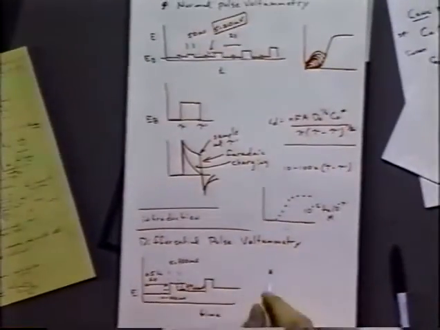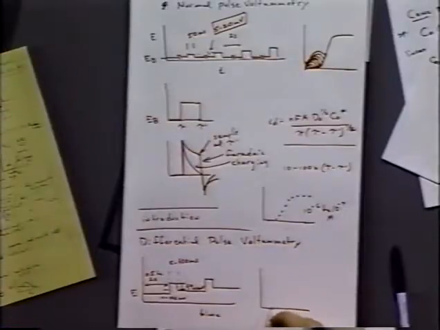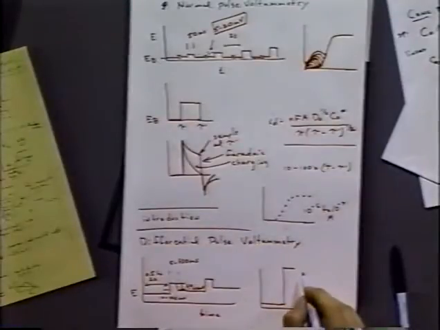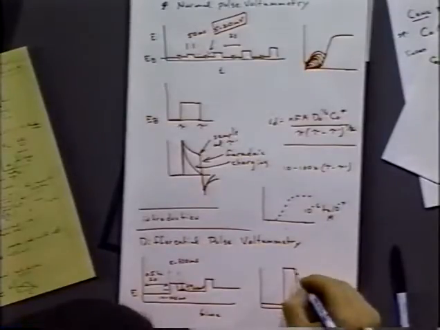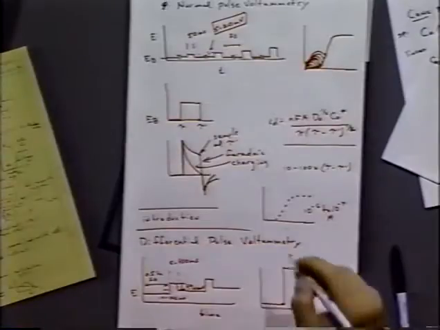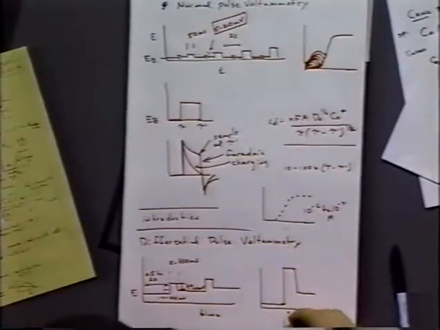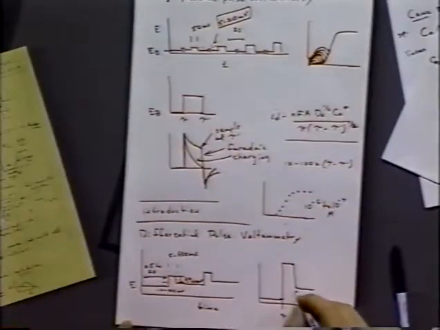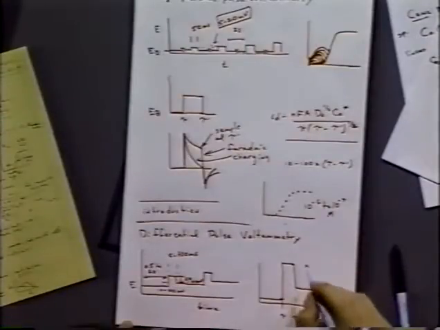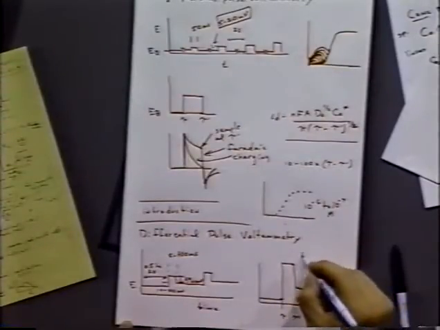The idea is that we can step from the base to the step potential and then back, and then measure the difference in current between those 2 points, between the time tau and tau prime. And our current would be measured at that same point.